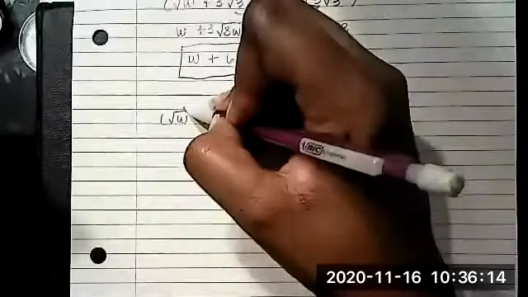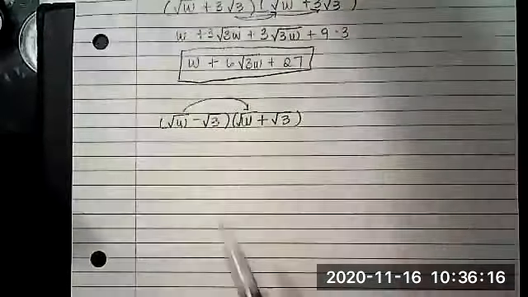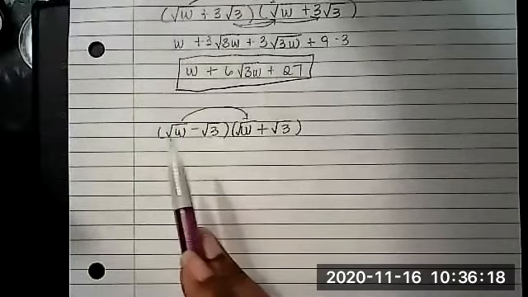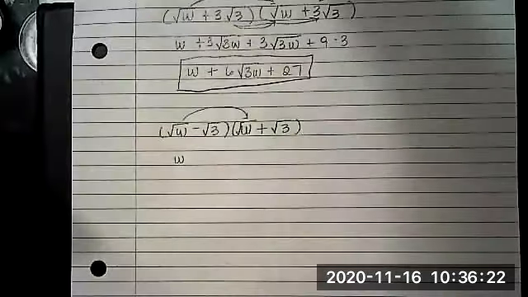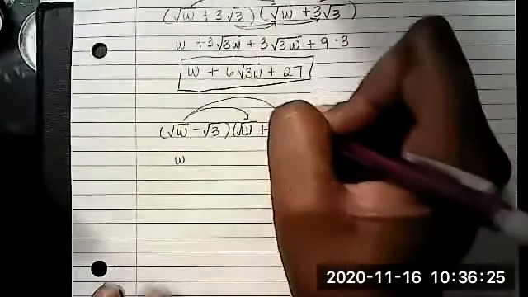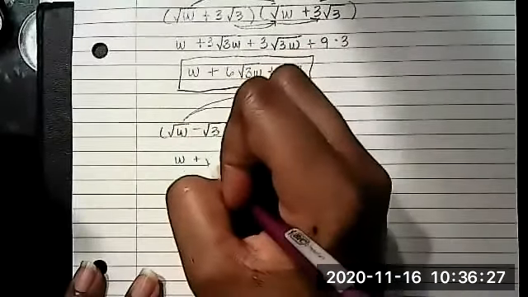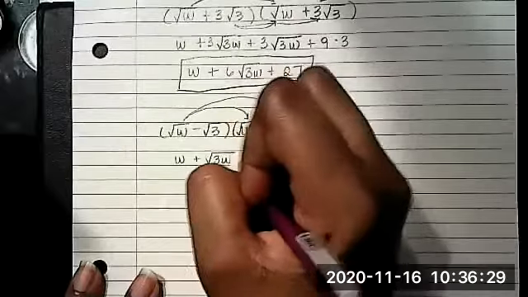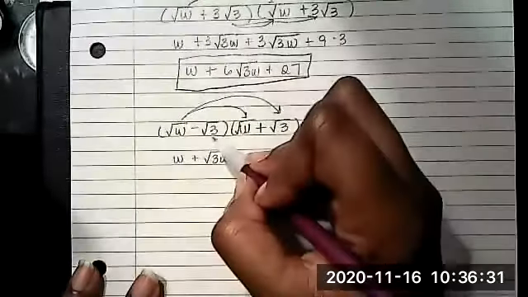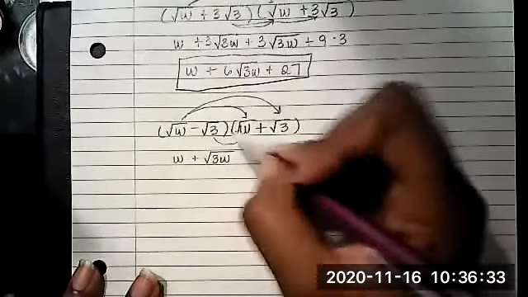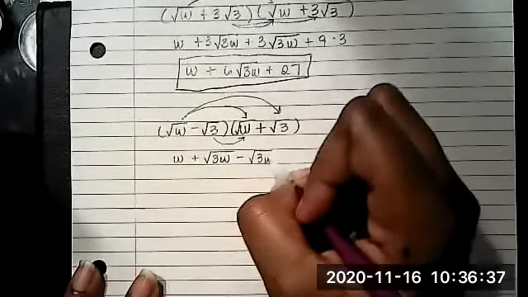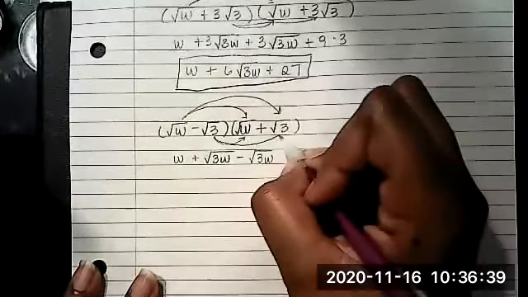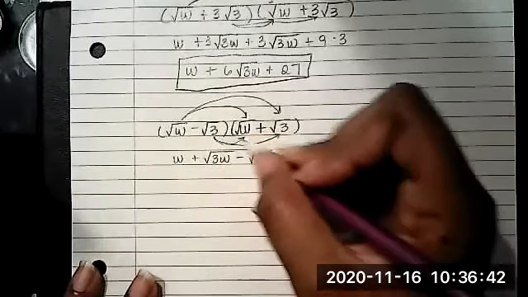So now you're going to multiply the square root of W times the square root of W. We know that if you're multiplying two of the same square roots, it just becomes whatever's inside, outside, that becomes W.